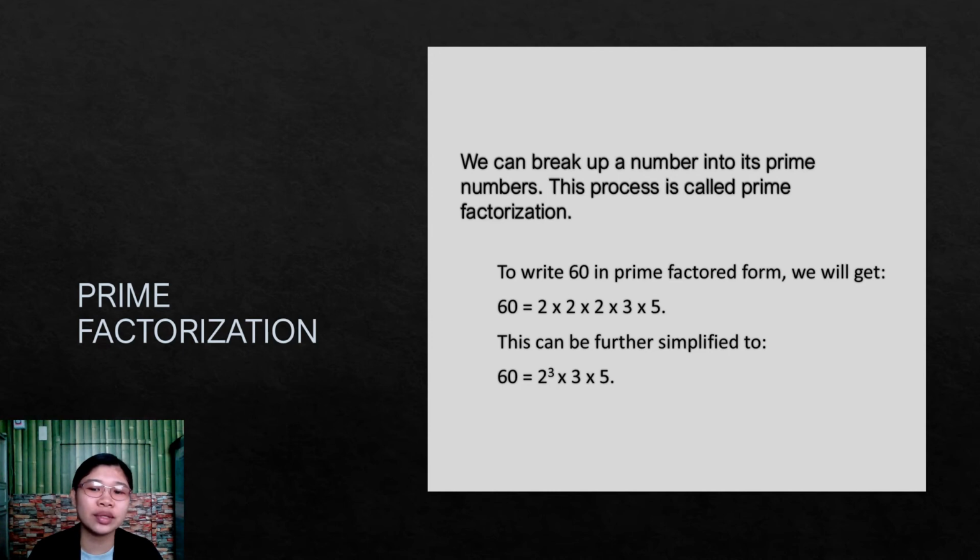So, for example, to write 60 in prime factored form, we will get 60 is equal to 2 times 2 times 2 times 3 times 5. Or we can further simplify this to 2 raised to the cube power, or 2 cubed, multiplied by 3 and then 5.